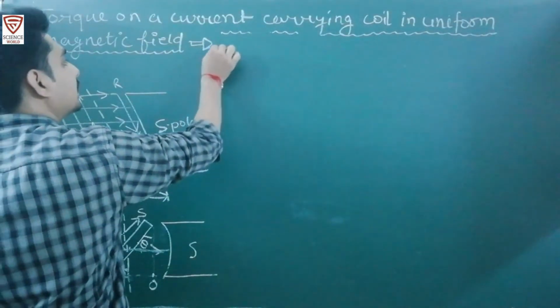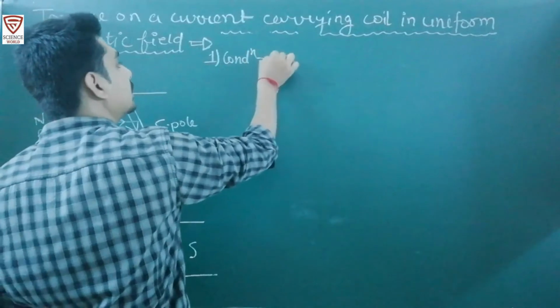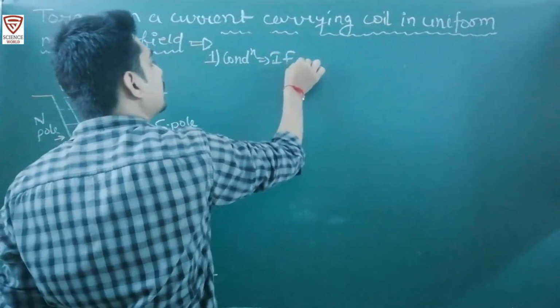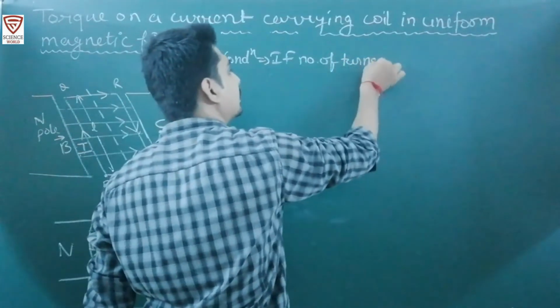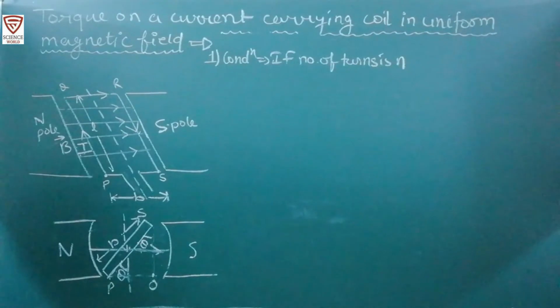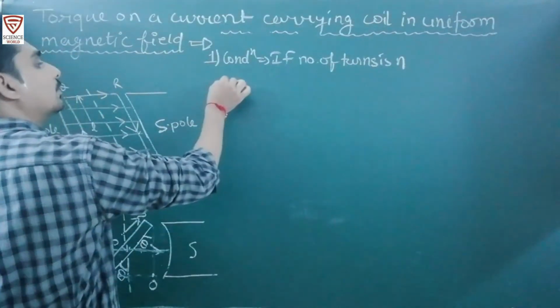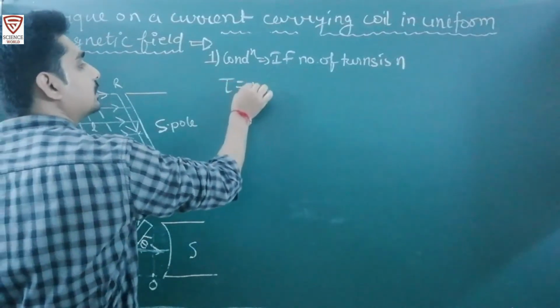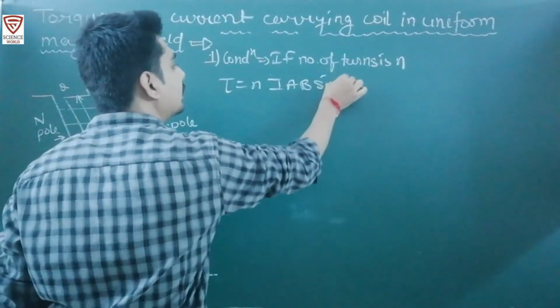First condition: if the number of turns is more, we consider that the number of turns in this coil is n. Then the formula will be tau is equal to n I A B sin theta.